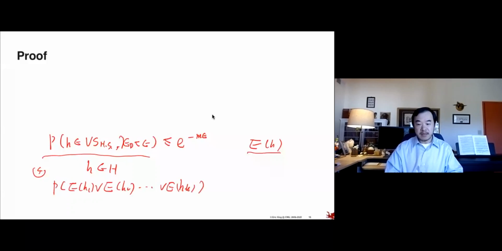So what is this probability? This is the probability of at least one of the hypotheses in H being consistent.